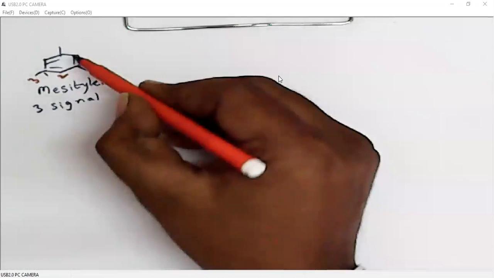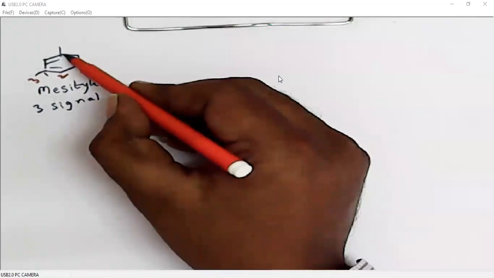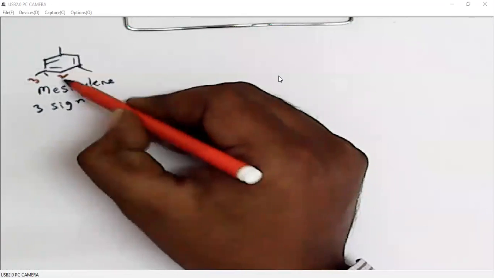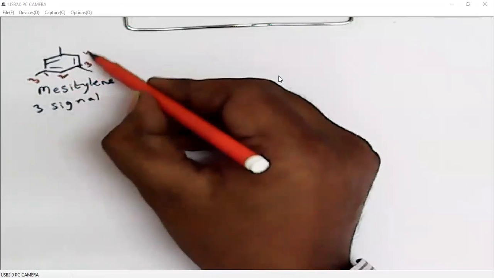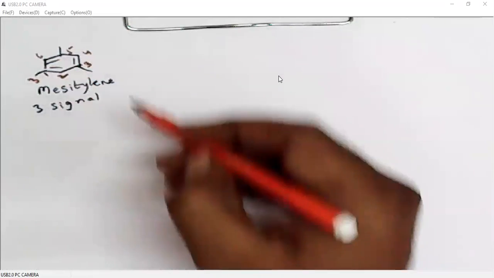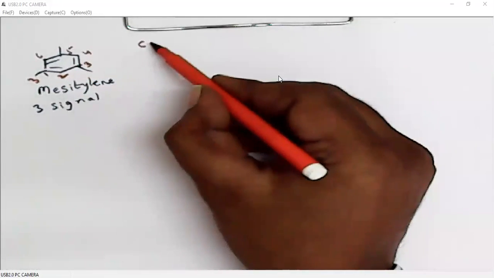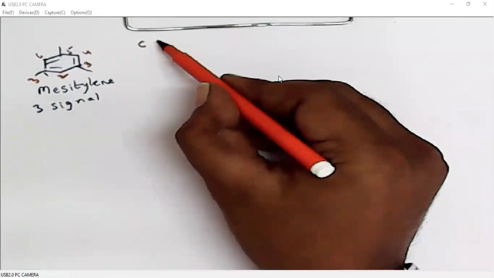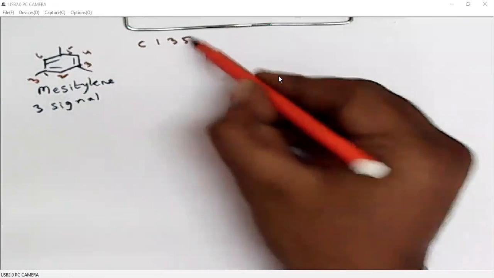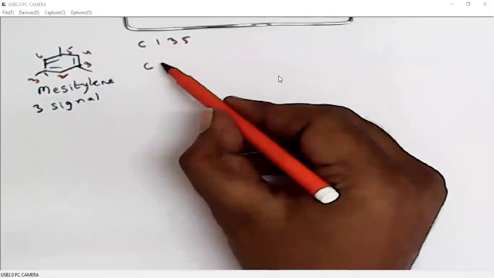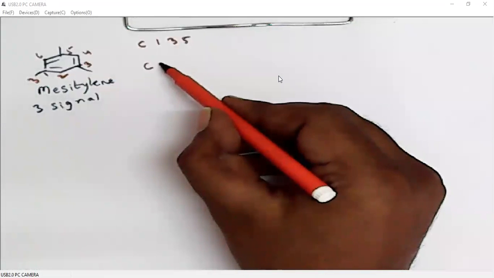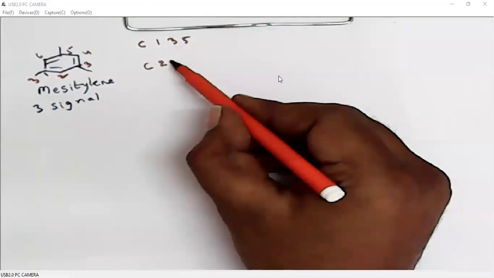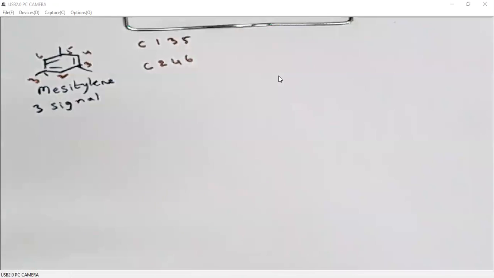So in this case, if we give numbering, it is 1, 2, 3, 4, 5, 6. We will get same values for 1, 3, 5. Similarly, we will get same chemical shift values for carbon numbers 2, 4, and 6. We will try to calculate them.